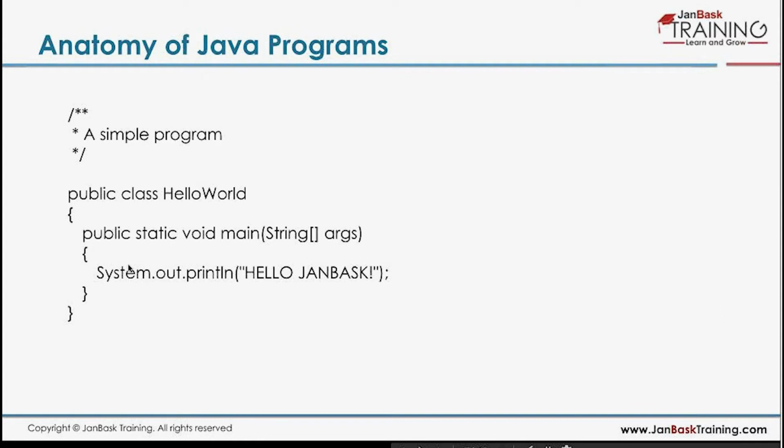So this is the start of the main method body, and this is the end of the main method, and everything in between will be in scope for the main method. Anything not in here will be out of scope for the main method. That's what scope means.